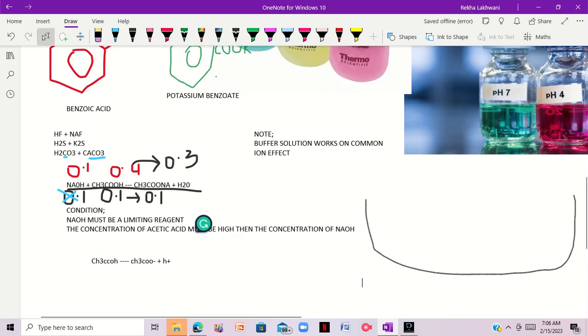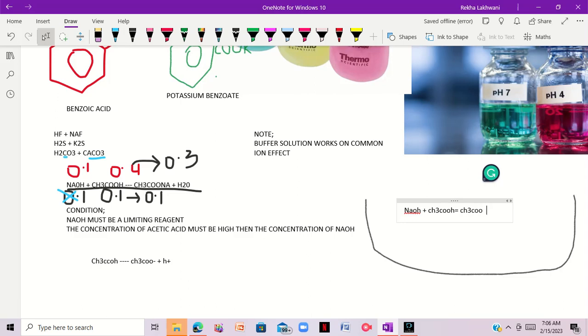What do we have? We have this reaction in which sodium hydroxide plus CH3COOH results in CH3COONa, plus we have water, right?